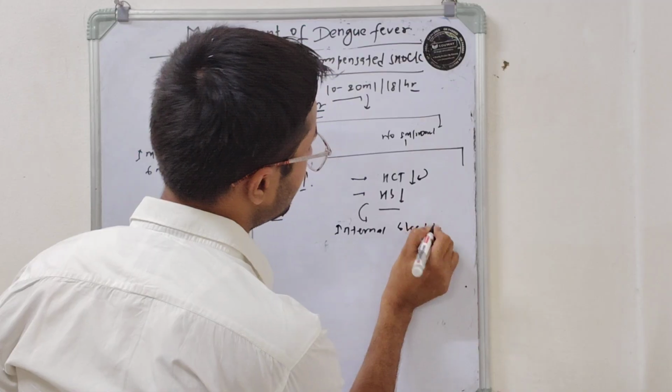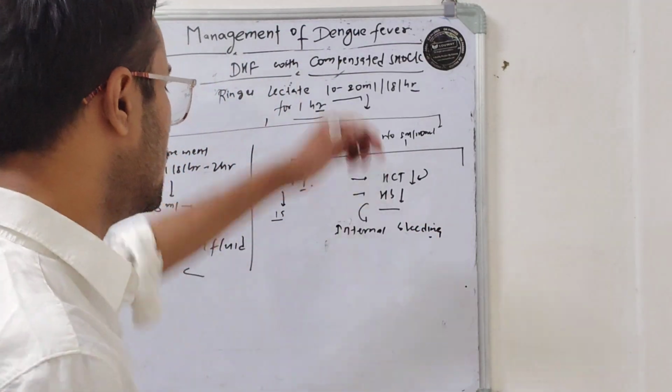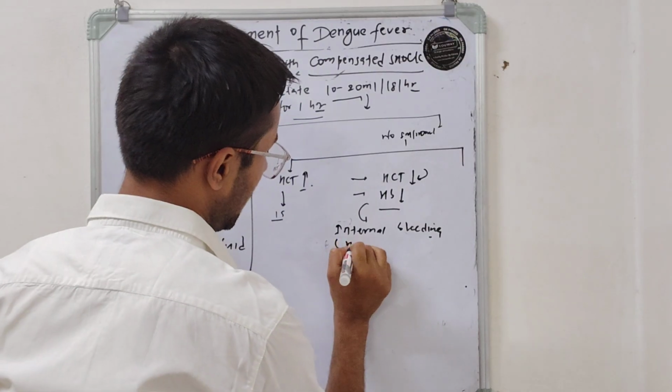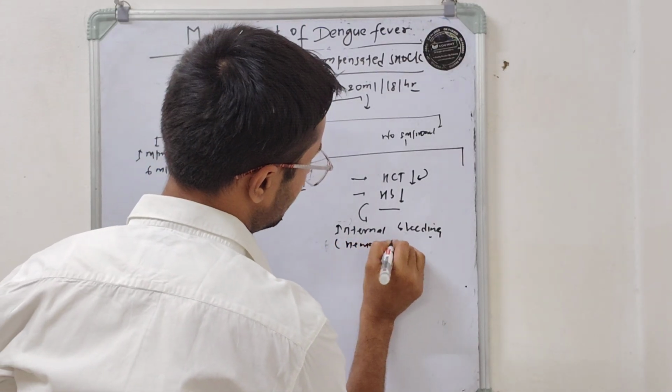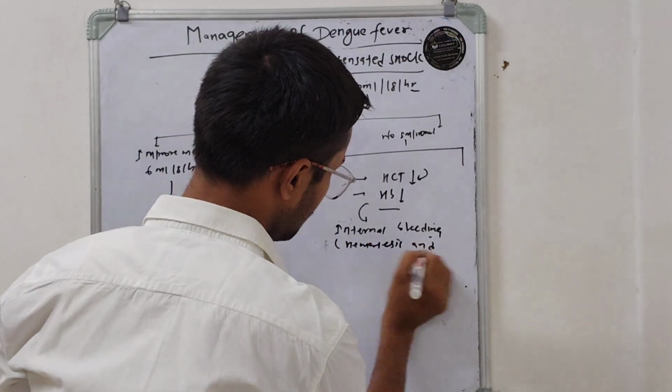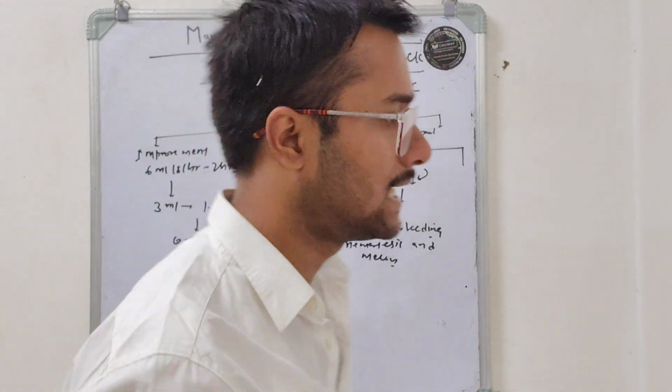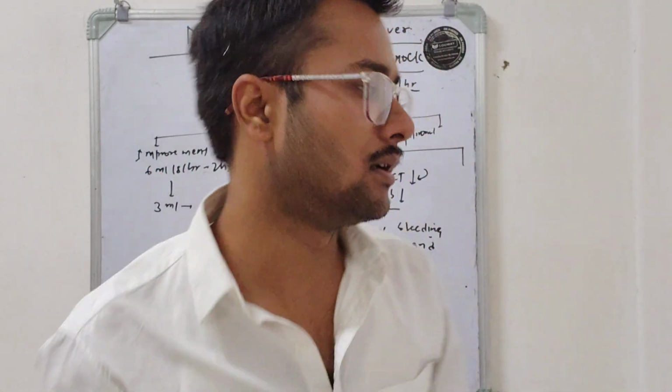And if a patient has internal bleeding, they have a history of hematemesis and melena. So hematemesis and melena confirm that the patient has internal bleeding.